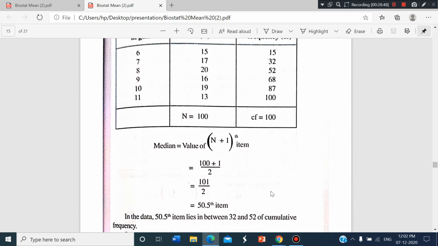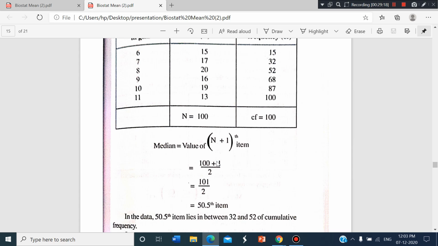Now, median equals the value of (n plus 1) divided by 2th item. There is a small mistake earlier. So, what is the value of n?